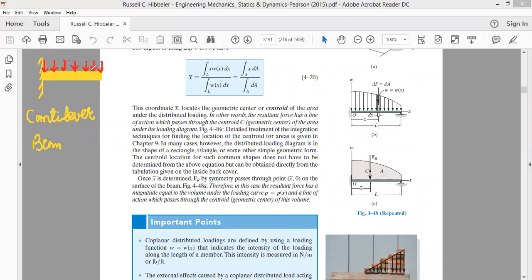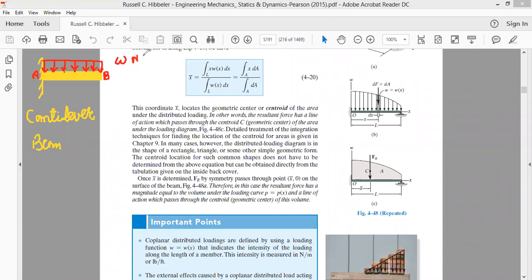If you go through the entire span of this beam, let's call this end A, from end A to end B, at every point on this beam we find that the load acts. This load is called a uniformly distributed load in the sense that the intensity of the load is, for example, W Newton or kilonewton per meter.